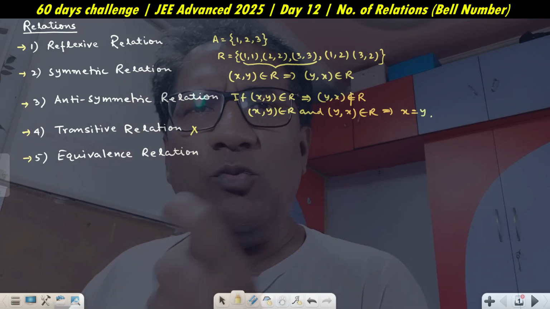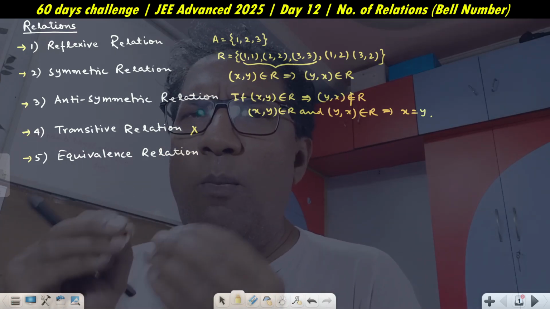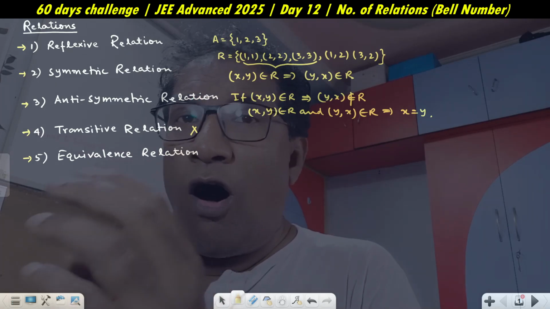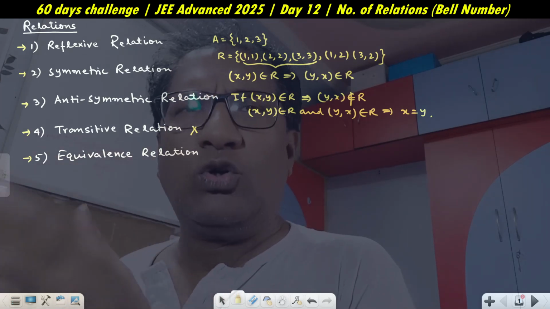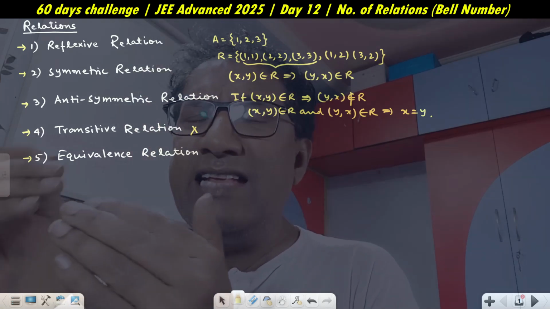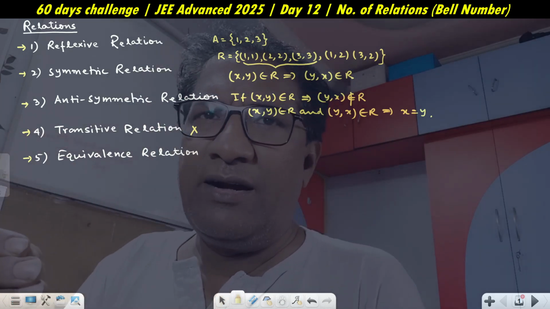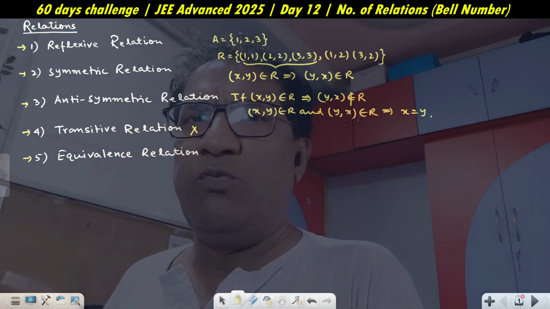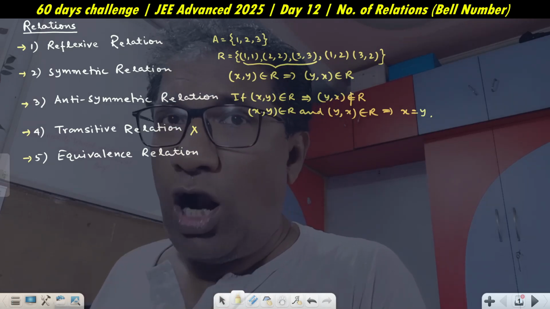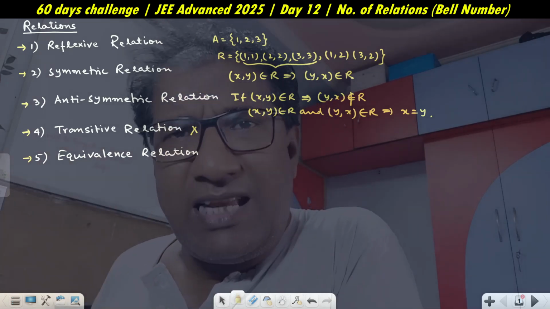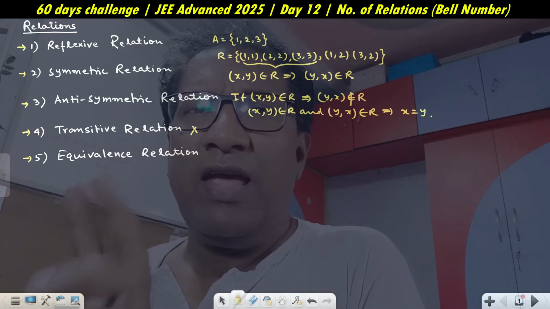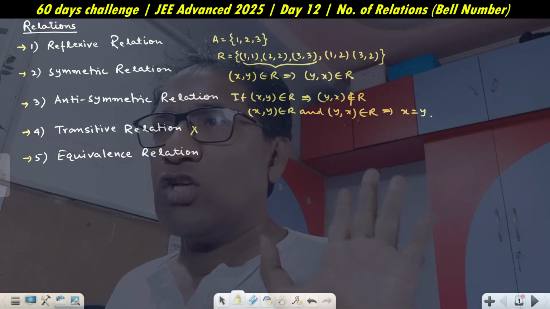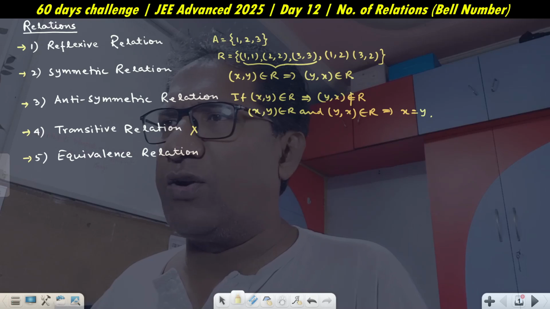In short, there is no problem with taking the ordered pairs 1,1, 2,2, 3,3, 4,4, whatever. Those ordered pairs can come in the relation which we will call anti-symmetric. Or if (1, 2) is present in that anti-symmetric relation, then (2, 1) will never be present in that relation. Is it clear? So that is what is called an anti-symmetric relation.